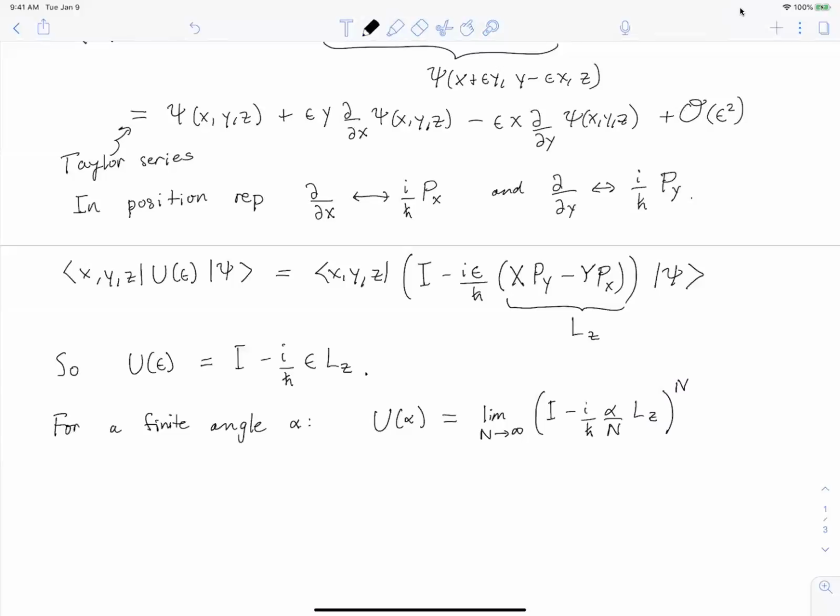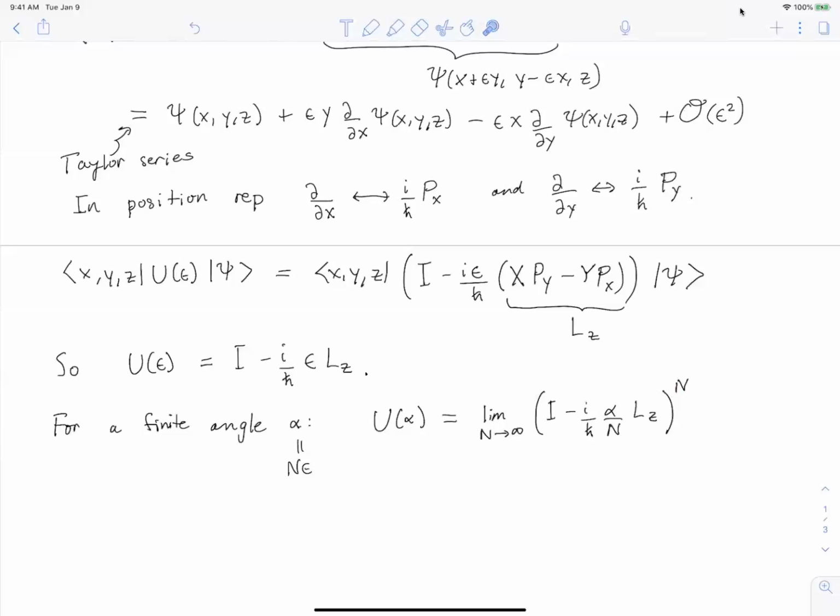Okay, so notice alpha is actually equal to n times epsilon. Epsilon's very small, n is going to infinity in such a way that their product is this constant alpha. And if we do the transformation by epsilon here, we have to do it n times in order to rotate by a full angle alpha.